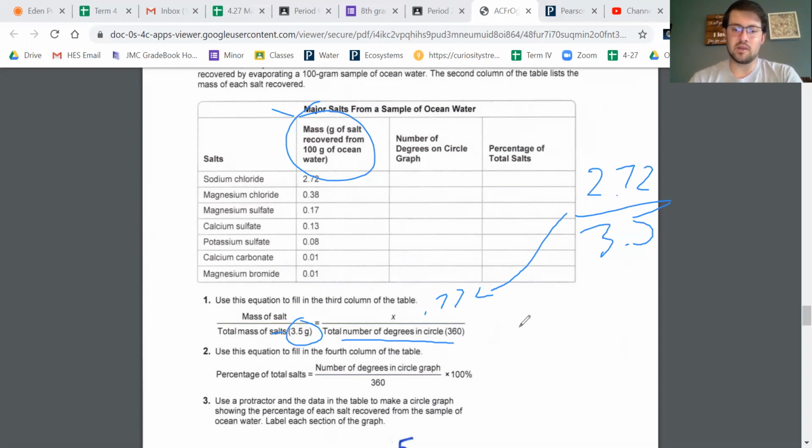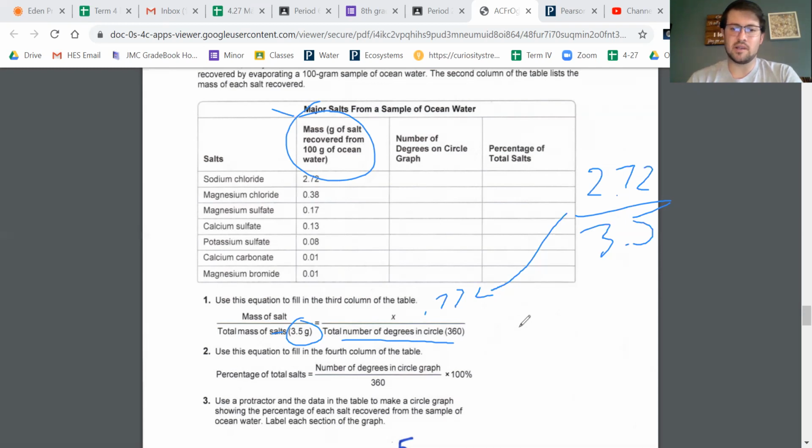Okay, something's not making sense here. Cool, let's try this again. 0.77 divided by 360, the total number of degrees on the circle. So we're getting the percentage.